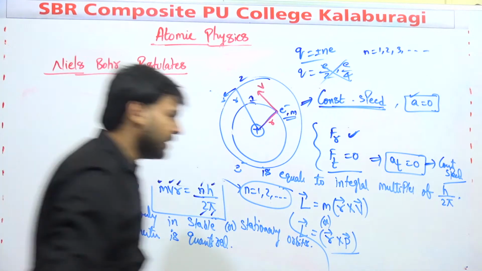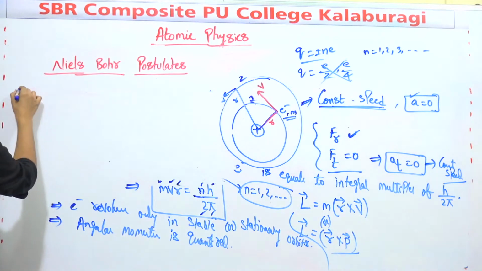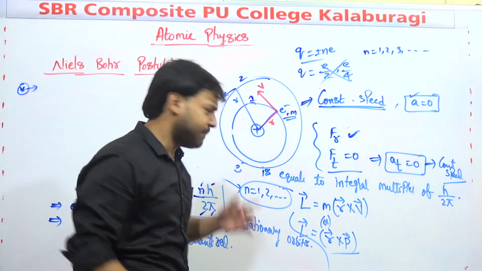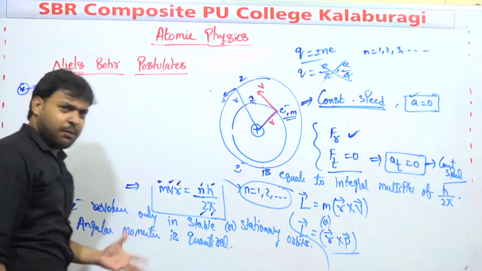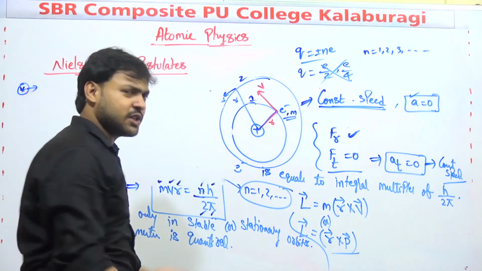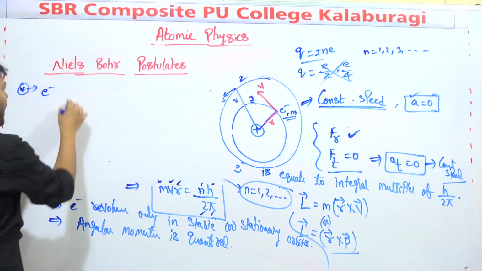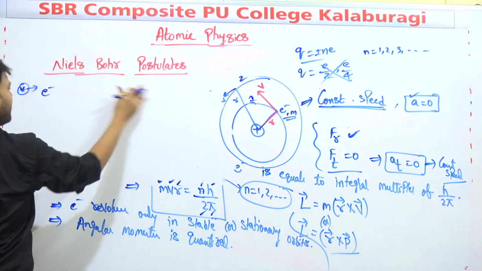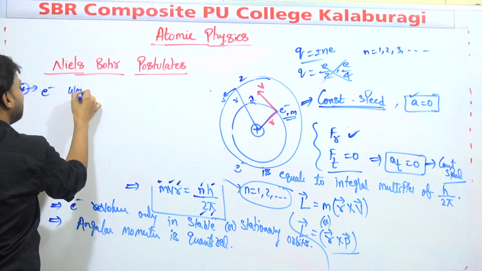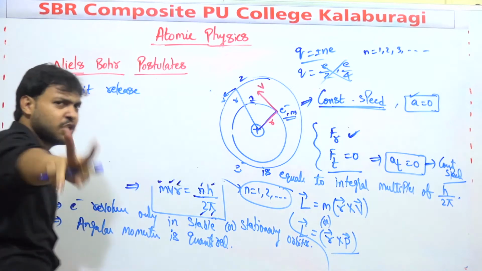Next, third postulate. Okay, so we'll go to the third postulate. Now it is simple. We shared about the angular momentum and the electron revolving. Already we know the first two postulates are important.